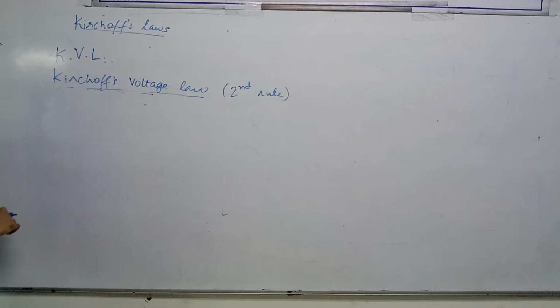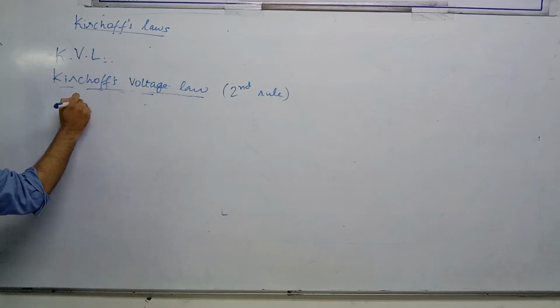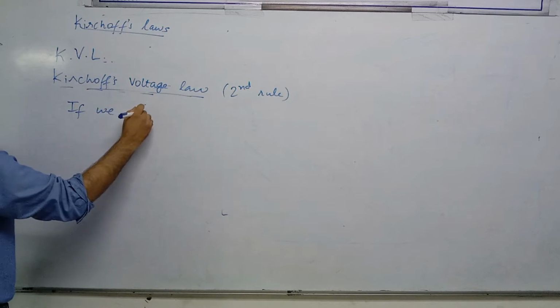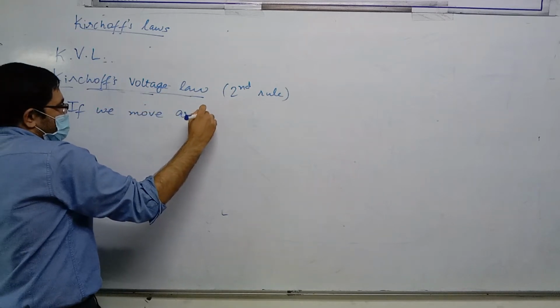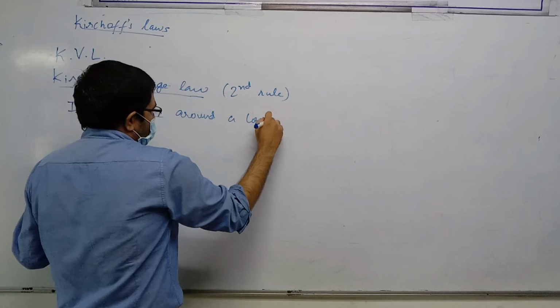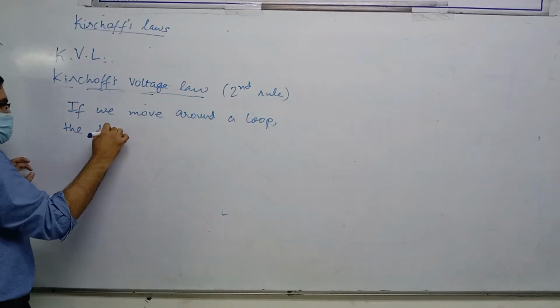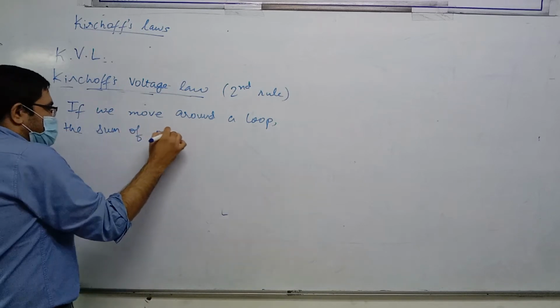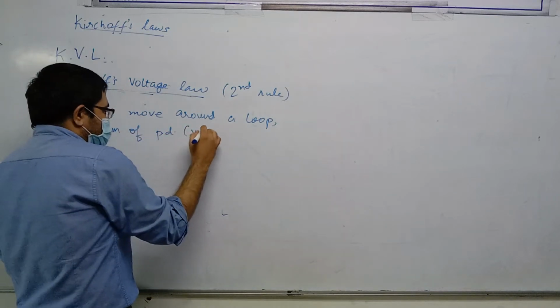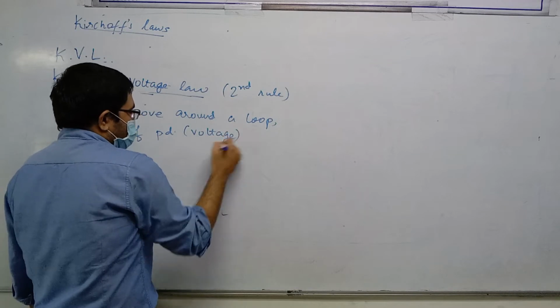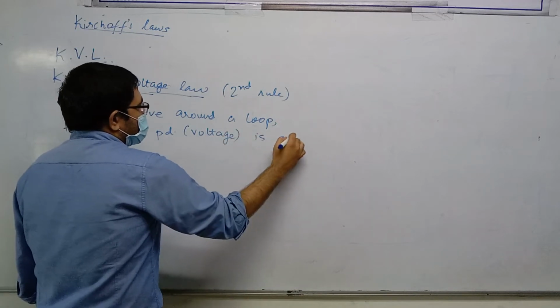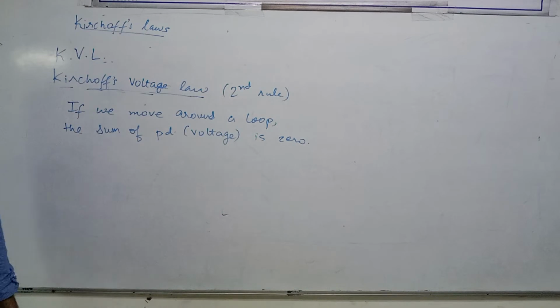If we move around a loop, the sum of potential differences or voltages is 0.